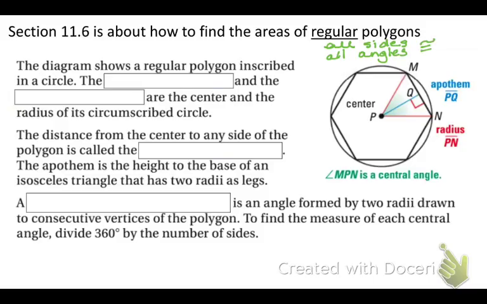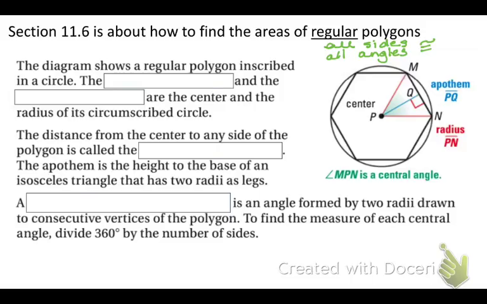Okay, so on this little figure below here, all these sides, notice I'm just talking about the polygon right now, not the circle, all those sides are congruent. And all of these angles in the polygon are congruent. That makes it really much easier to work with. So please remember that's what makes a regular polygon, and what makes it special. And you're going to need to remember that in order to do the problems.